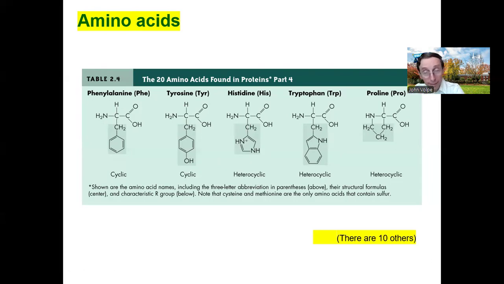So the point is that proteins are both polar and they have regions which are nonpolar. Not all amino acids are nonpolar, but there will be nonpolar amino acids in a protein because the protein will have 20 different amino acids.